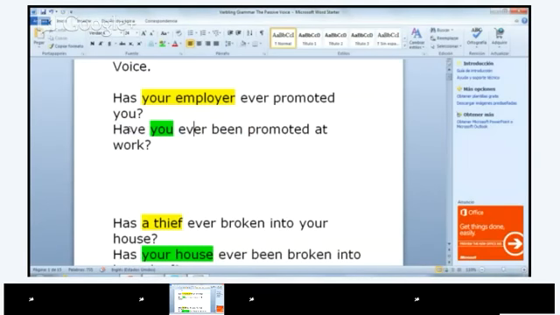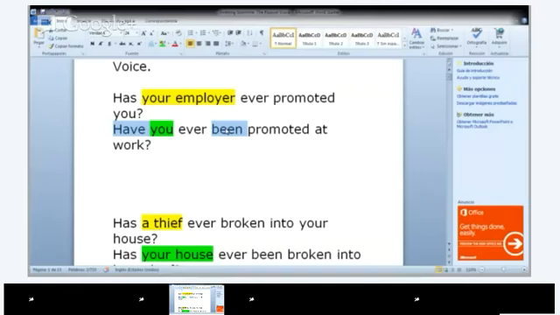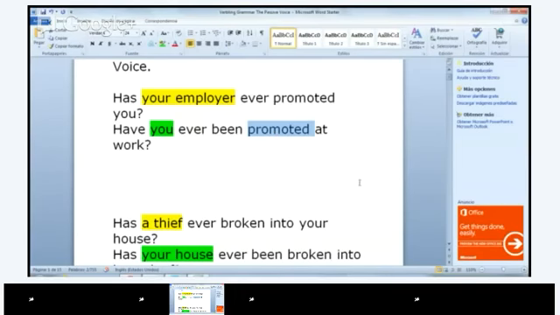Actually, I'll eliminate ever, although that is part of the phrase we're using. Have been. And then the next part is the actual main verb of the sentence, which is promoted, and in this case it's in the past participle form.